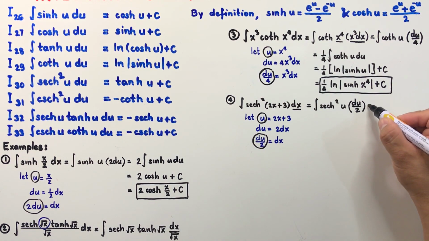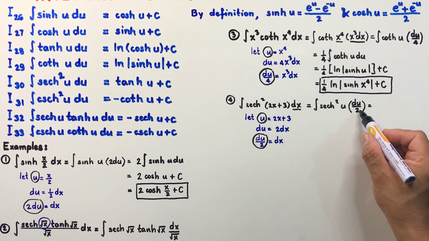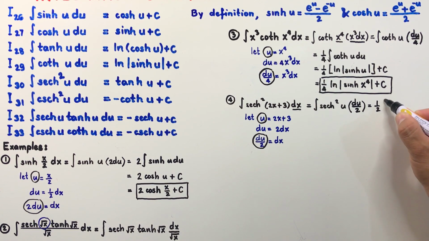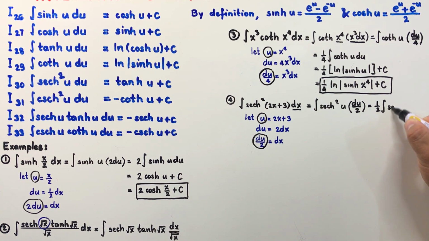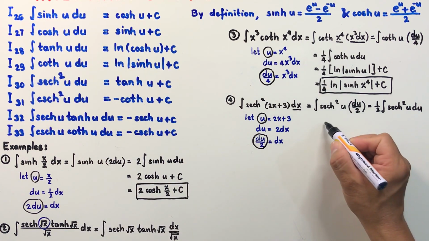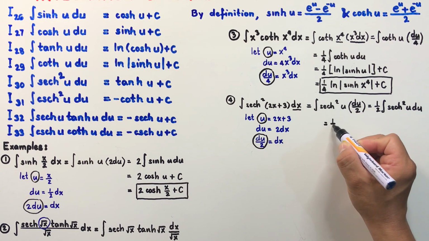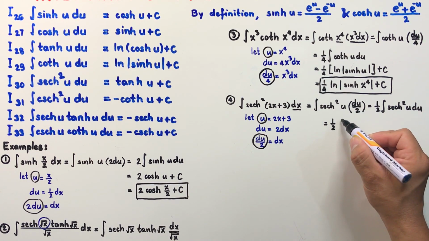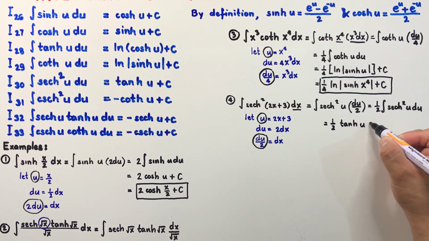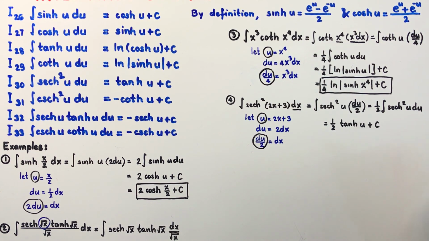So factoring 2 in the denominator outside the integral symbol, we have 1/2 times the integral of the hyperbolic secant squared of u du. And applying formula number 30 here, that is equal to 1/2 of the hyperbolic tangent of u plus the constant of integration c.